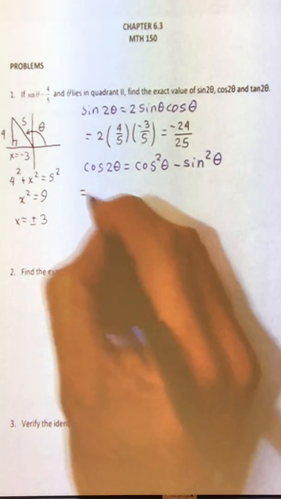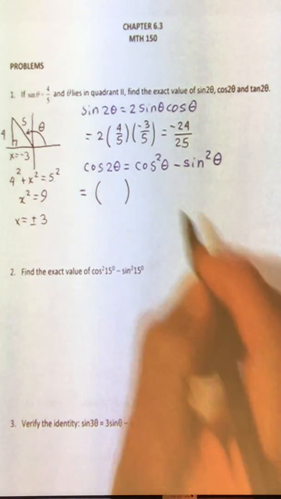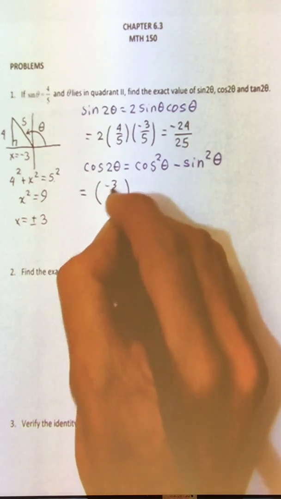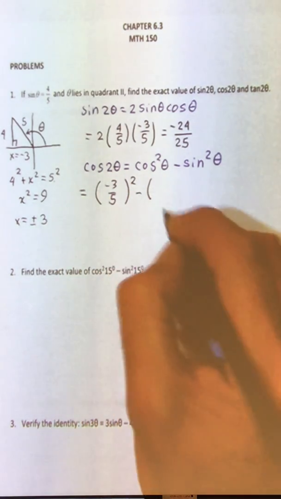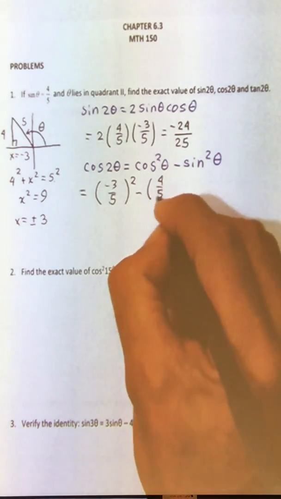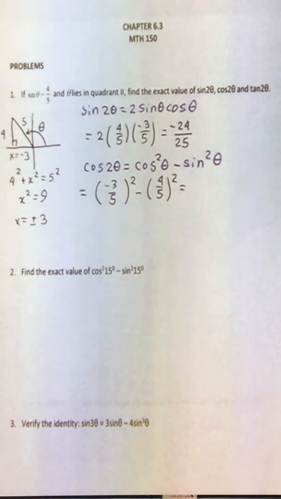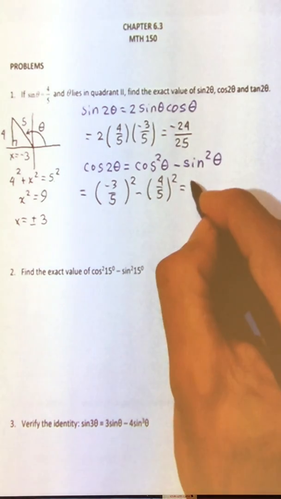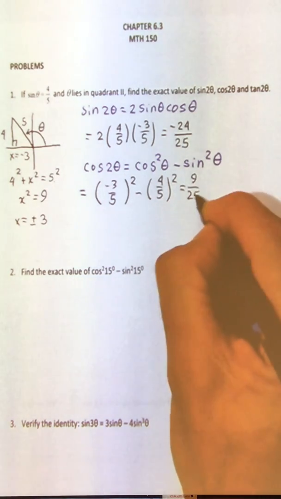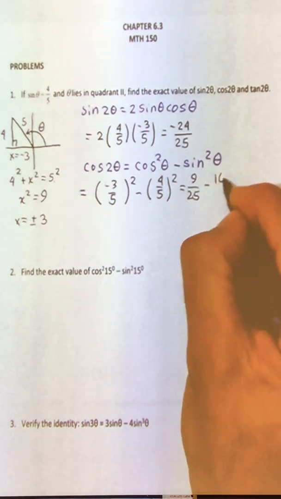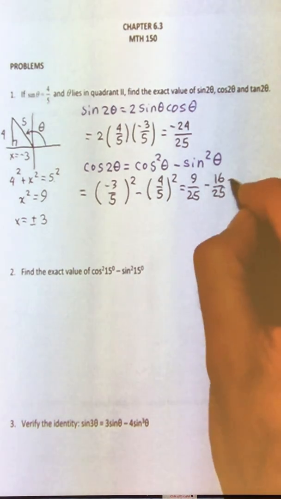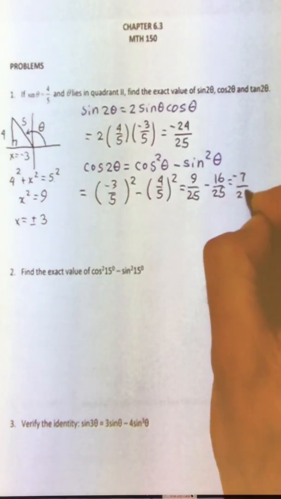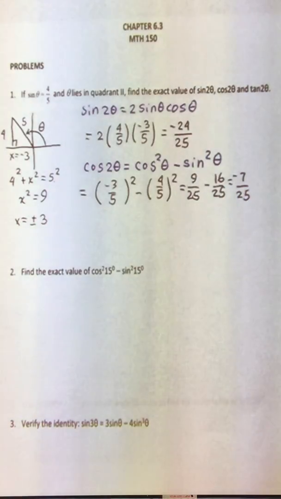So cosine 2 theta is equal to the cosine of the angle, that we know is -3/5, squared, minus the sine of the angle, that's given to be 4/5, squared, and square each one individually. 9/25 minus 16/25, and then add that together, and we get -7 over 25. And that's the value of cosine of the double angle.